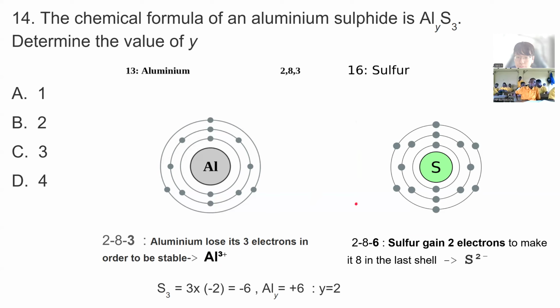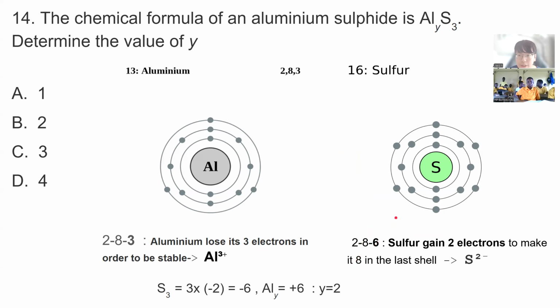For sulfur, it has 6 electrons in the outermost shell. Does that mean sulfur has to lose 6 electrons? No, that will be very inefficient.